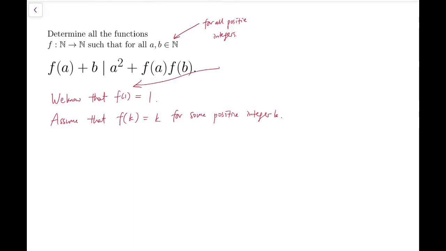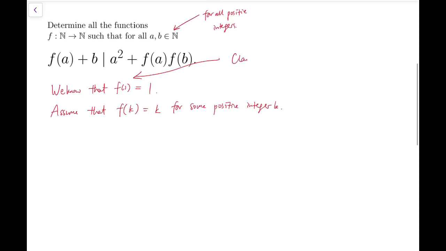And in fact, I should add a few more lines before that. Claim that f of n equals n for all positive integers n, and proceed by performing induction.